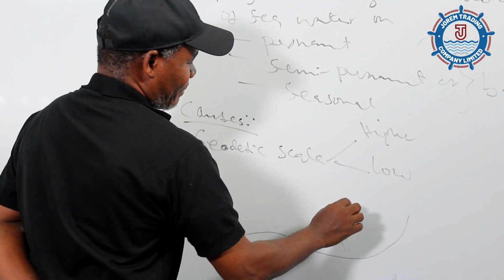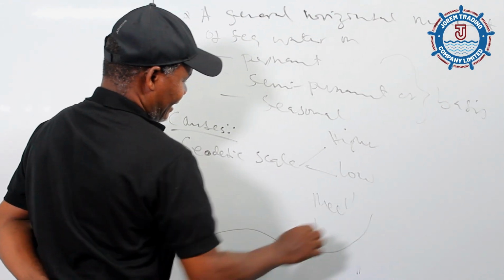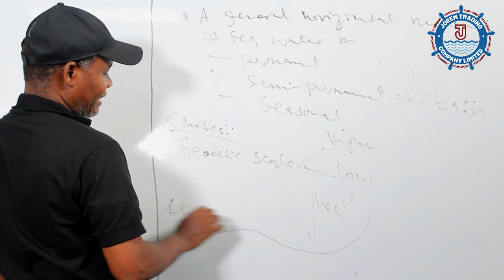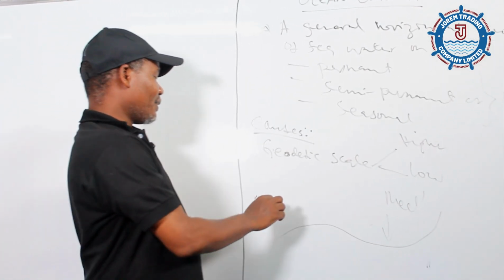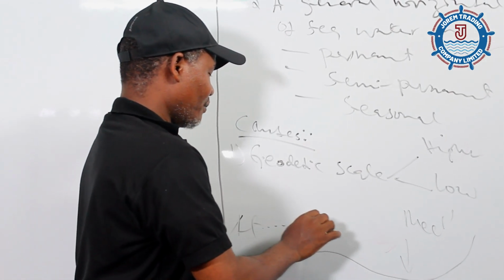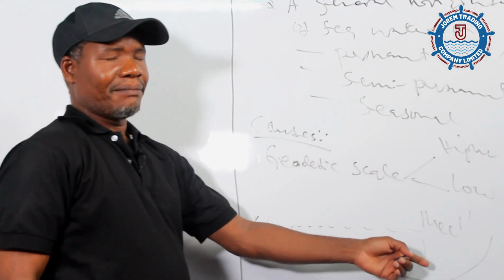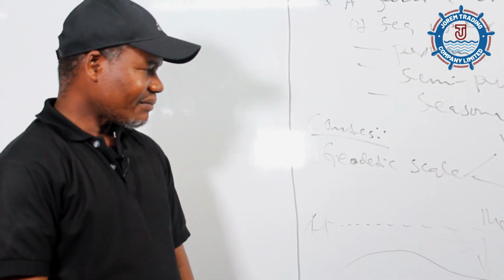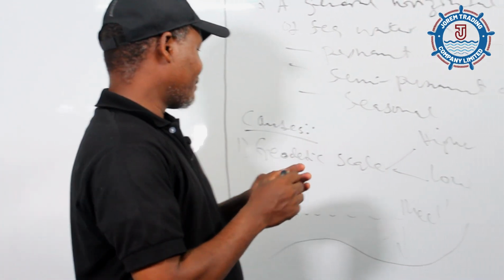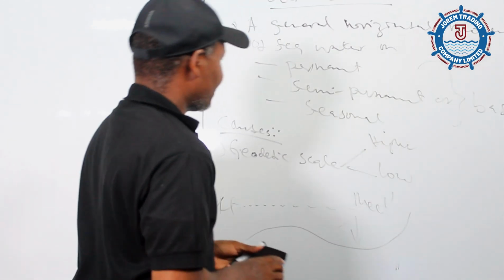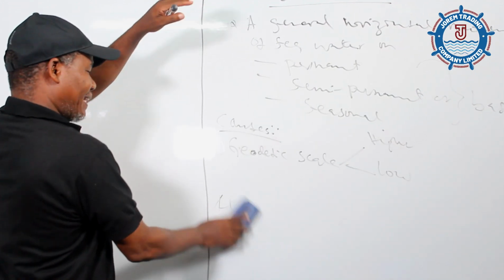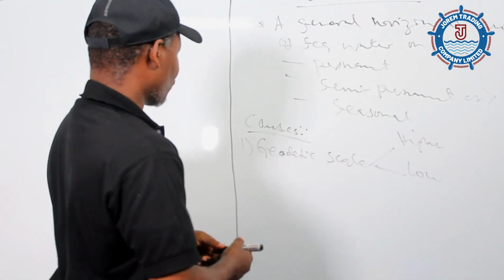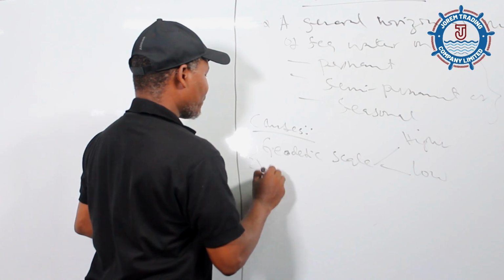This is the Mediterranean Basin or Mediterranean Sea, and this is the Atlantic. So the Atlantic is a little bit higher than the Mediterranean Sea, so water will generally flow by gravity towards the Mediterranean Sea. This is amongst the reasons. That geodetic scale of the earth, one side being higher than the other one, also causes water to flow. But the second one is prevailing winds.